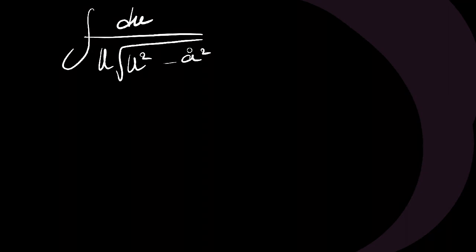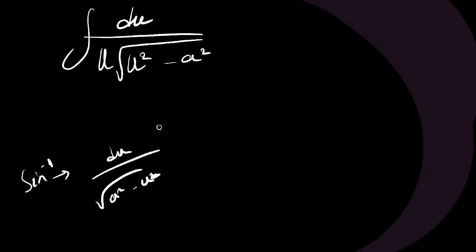You can immediately see that you have a u in the bottom, then you have u squared minus a squared. In the arcsine one, we had du over square root of a squared minus u squared. But in this one, we have it changed.